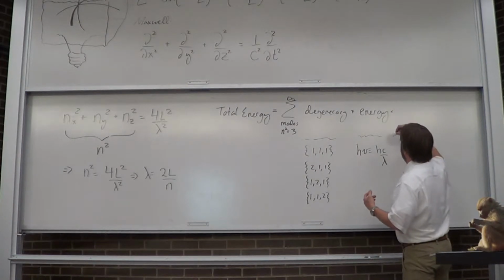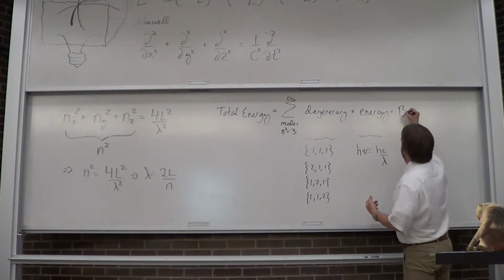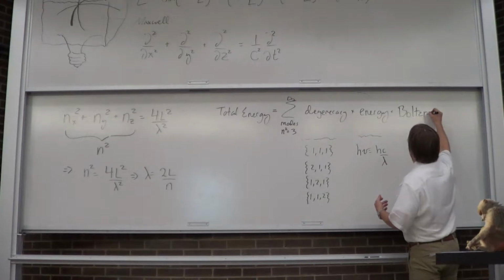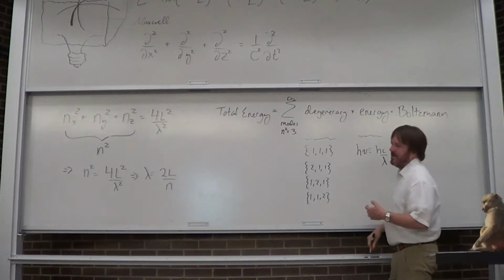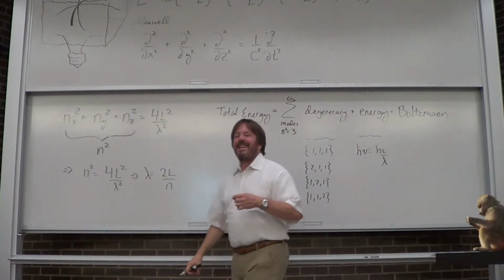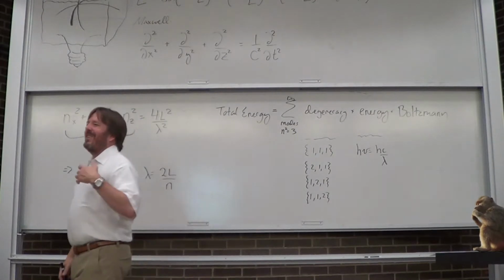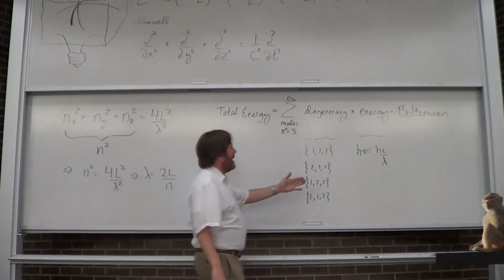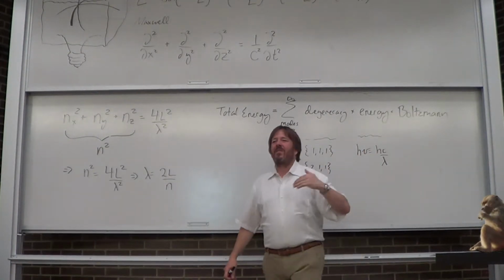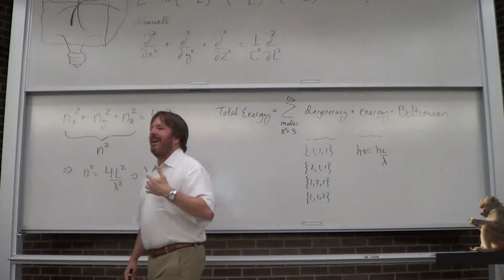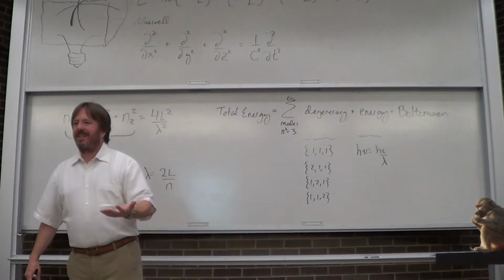In fact, the thing that determines the number of photons is the Boltzmann distribution. There's a certain energy for each photon, and a certain probability that you'll have that energy.